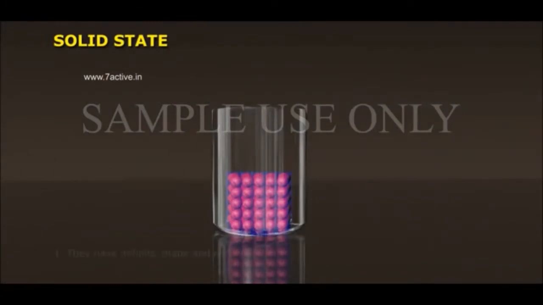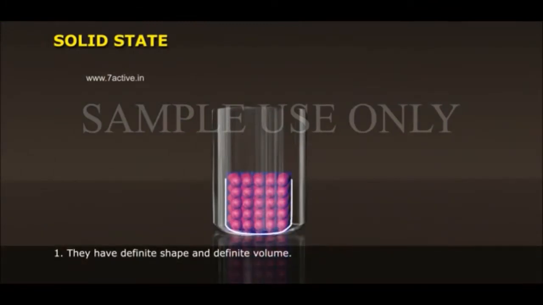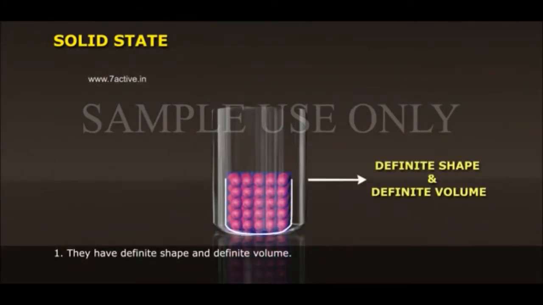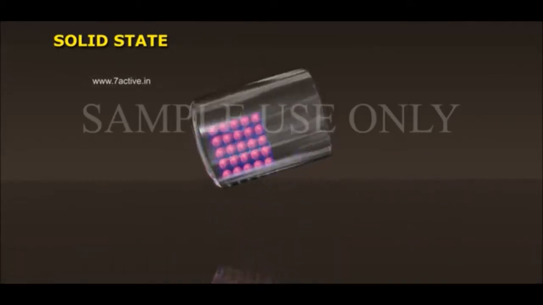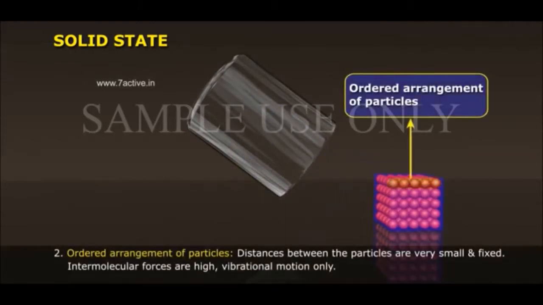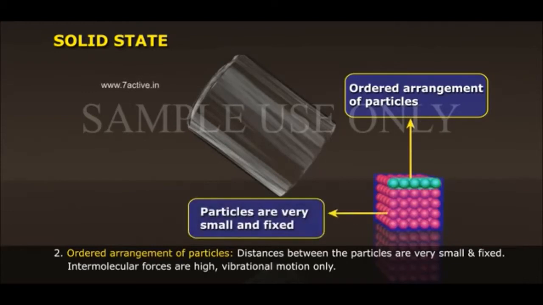Solid state. 1. They have definite shape and definite volume. 2. Ordered arrangement of particles. Distances between the particles are very small and fixed.